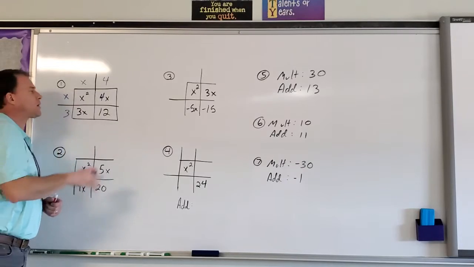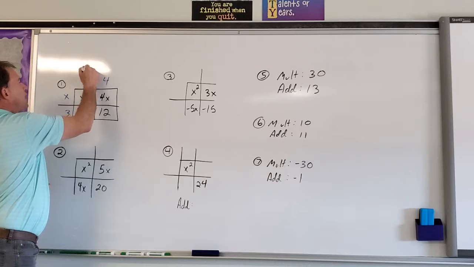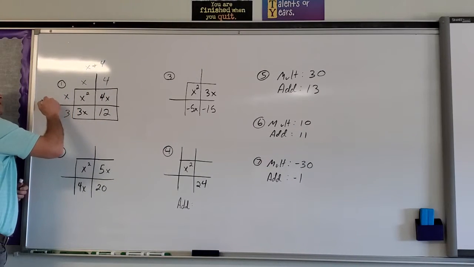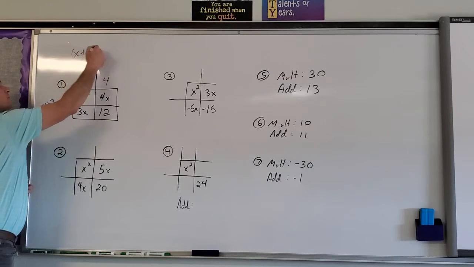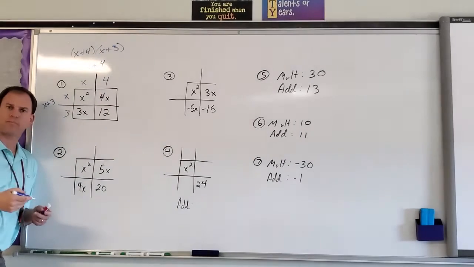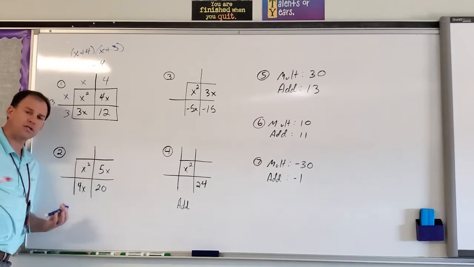So we're just working backwards. So I know that the width of this rectangle would be x plus 4. The height, or the side here, would be x plus 3. So I know that it was x plus 4 and x plus 3 that made this area problem, made this rectangle. Okay?